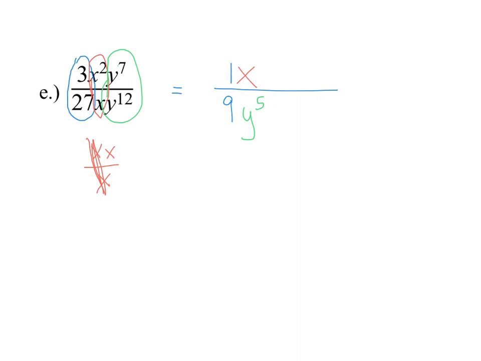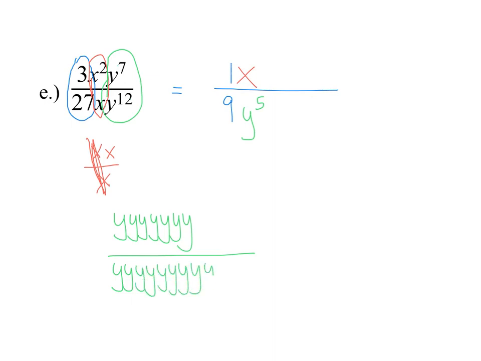So if you think about what this would actually look like, there basically would be 7 y's on top. Because y to the 7 means y, y, y, y, y. And there'll be 12 y's on the bottom. So basically all these y pairs would cancel out on top, and there would just be these 5 y's left on bottom, which is why I put them on bottom.